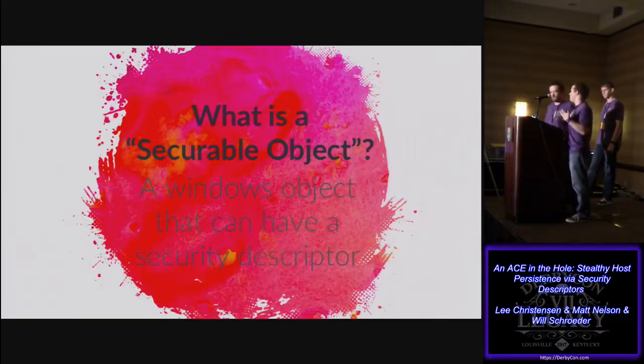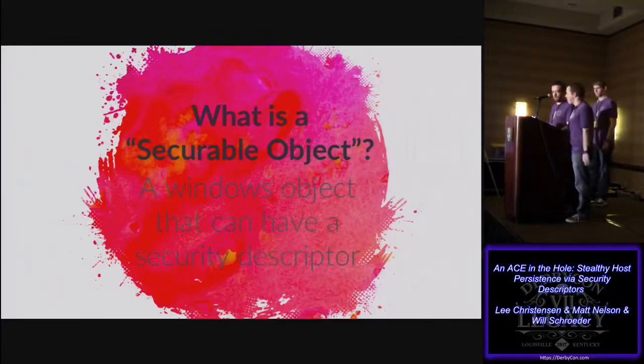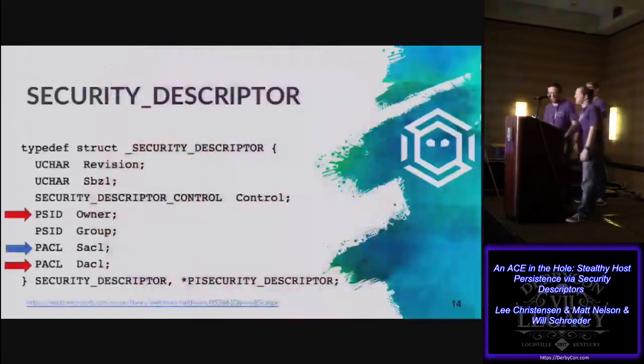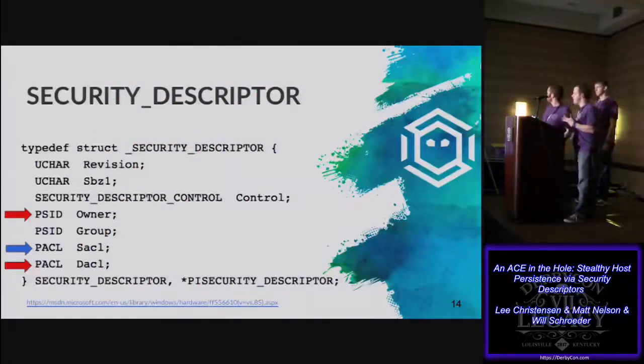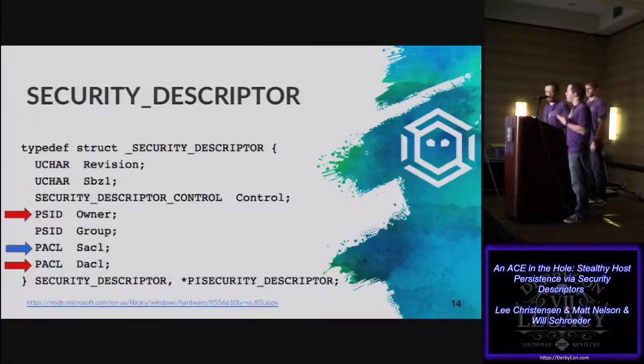All those things have security descriptors, but there are some lesser-known things that also have security descriptors, such as RPC servers, print servers, and several other objects. So since securable objects have a security descriptor, let's take a look at what a security descriptor is.